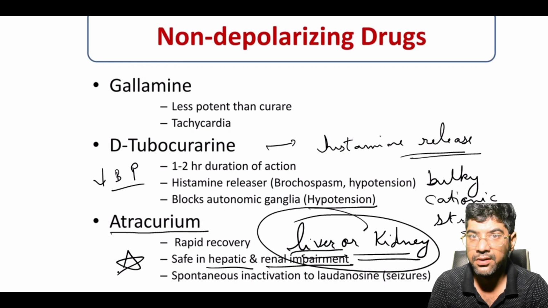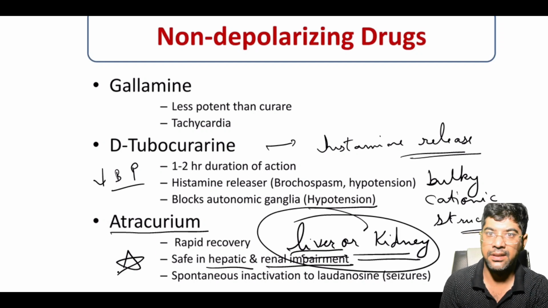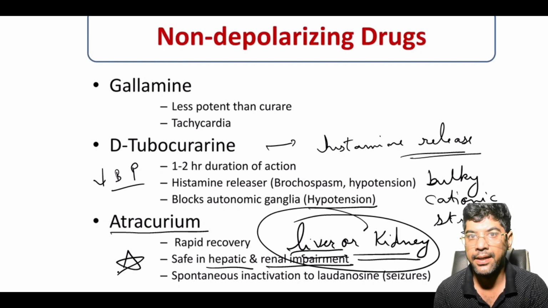Which neuromuscular blocker is preferred for patients with liver or kidney diseases? It's atracurium, due to its non-enzymatic degradation.